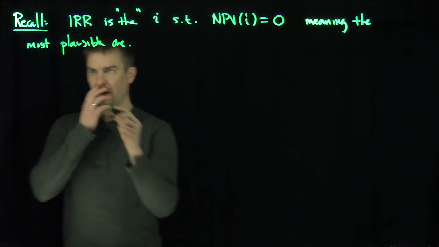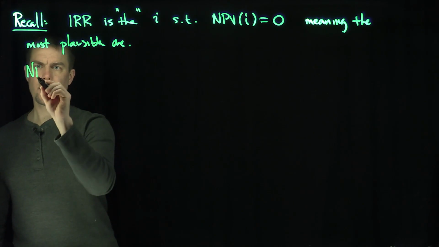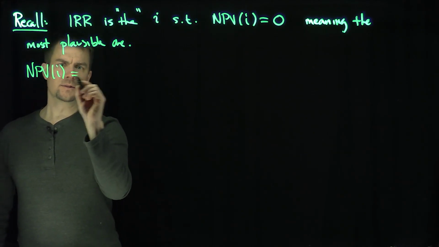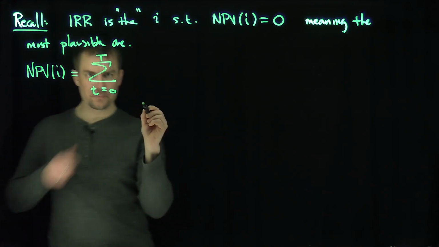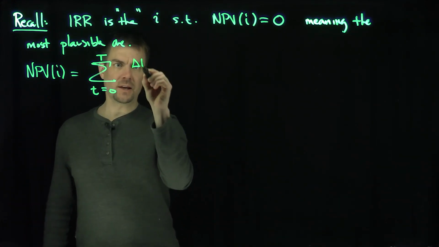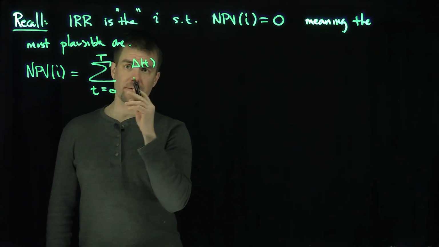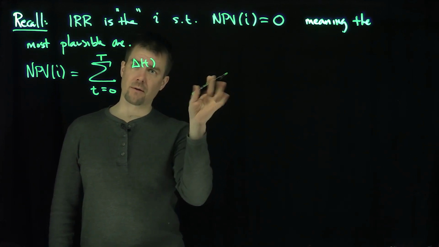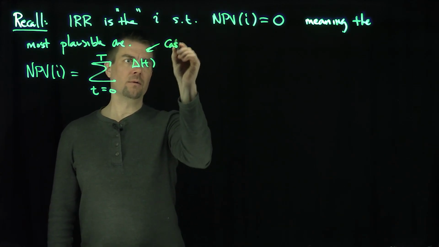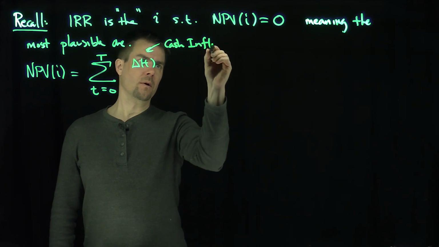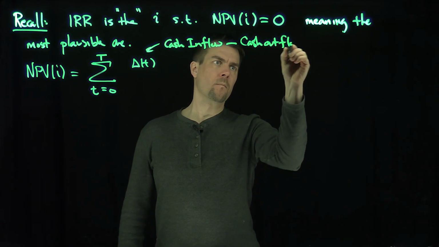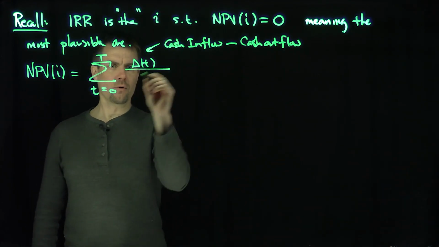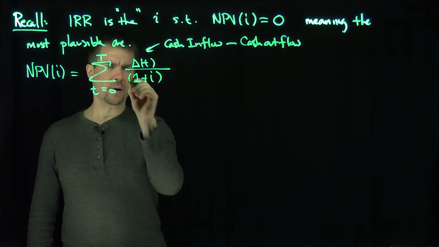So what was this, of course? Well, remember that net present value of I, NPV(I), is the sum, t goes from 0 to capital T, of delta t, the change in the cash flow. It's the cash inflow minus the cash outflow, inflow minus outflow, over 1 plus I to the power t.